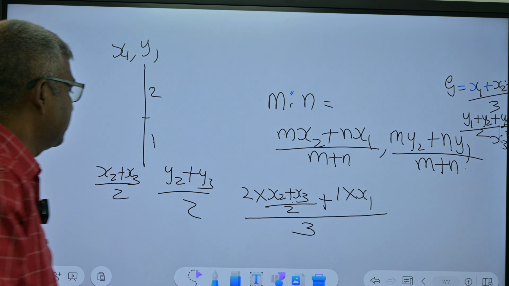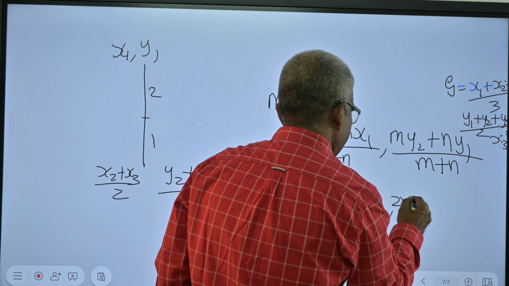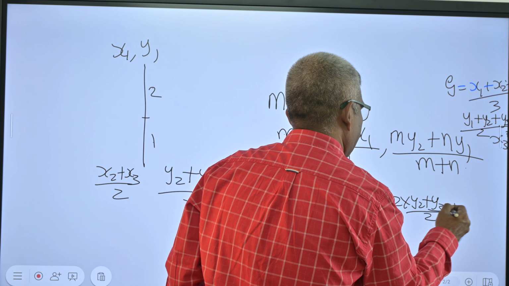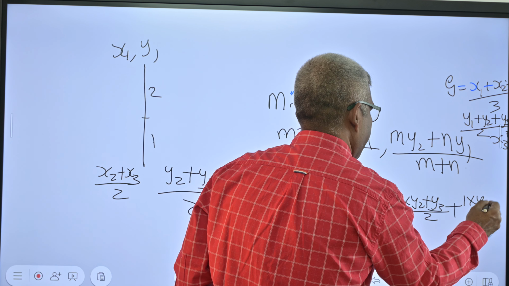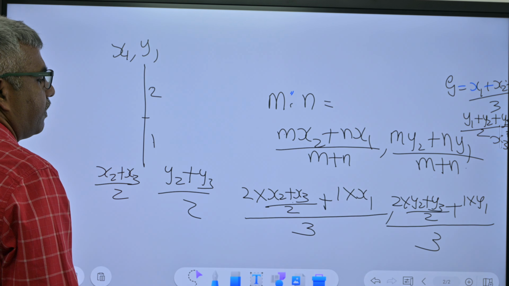The same way for the y coordinate: 2 times y2 plus y3 divided by 2, plus 1 times y1, divided by 3. So what will happen?